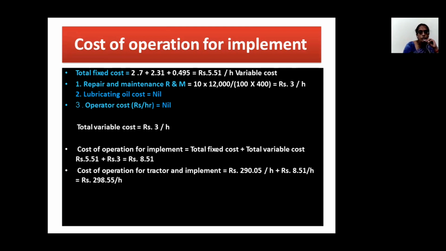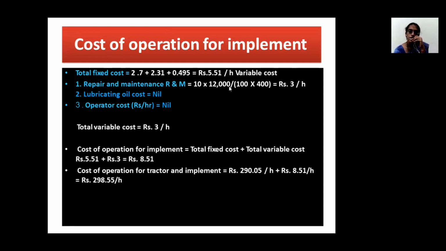Next comes the repair and maintenance charges. That will be calculated as 10 into 12,000 divided by 100 into 400. Here 400 is the number of working hours, 10 is the 10%, and 12,000 is the cost.